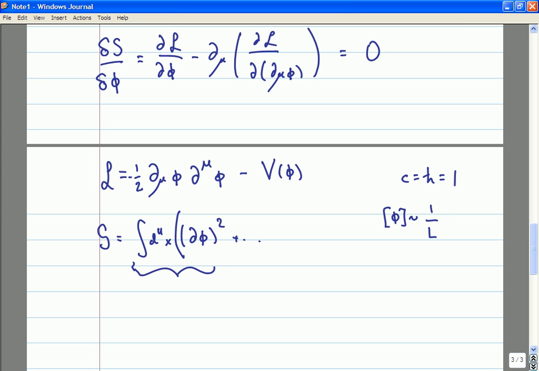And in units where h bar and c are equal to 1, energy and mass have the same units. And what are the units of energy? Well, that will go like 1 over length.